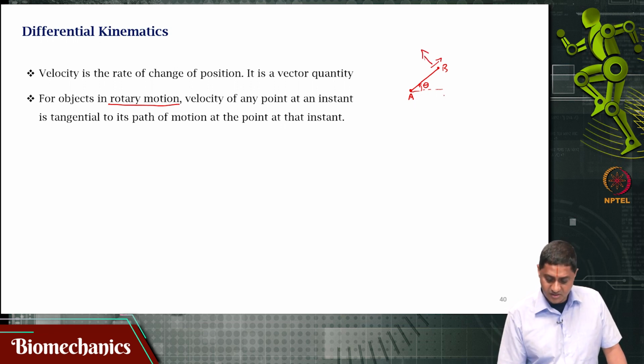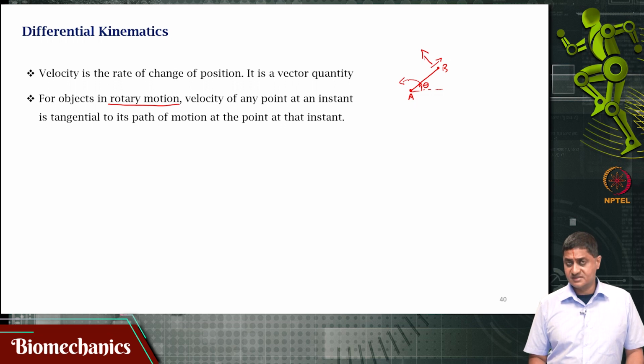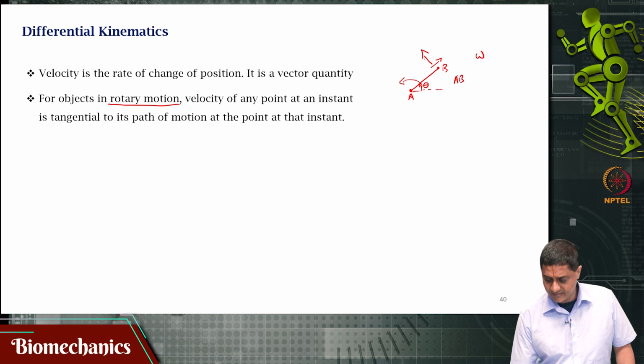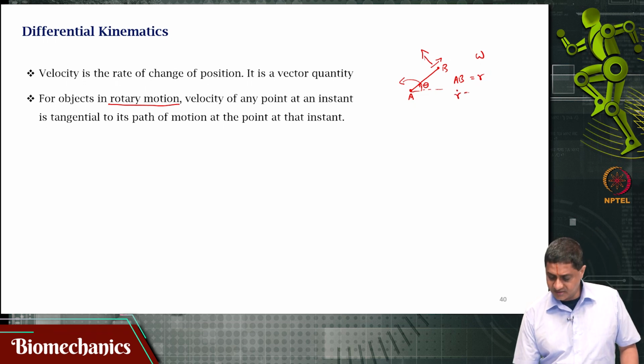It turns out that as this is rotating with some angular velocity omega, and let us call the distance AB as some r, then dr/dt is 0.